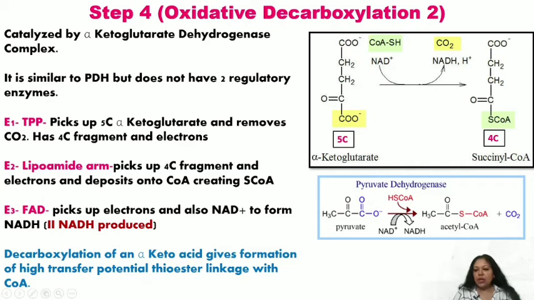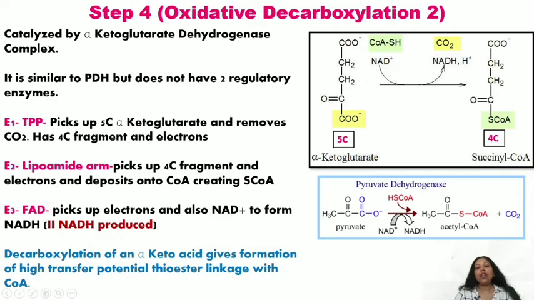These two reactions are very, very similar. Why? Because the enzymes catalyzing these two reactions are very, very similar. Yes, alpha ketoglutarate dehydrogenase is very similar to the pyruvate dehydrogenase complex. The only difference is that it doesn't have the two regulatory enzymes which PDH has.